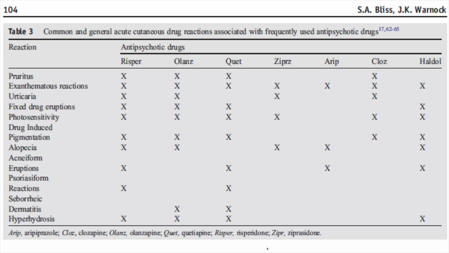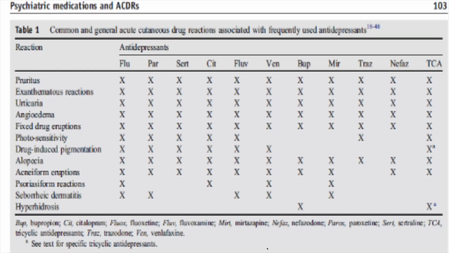Women at our hospital complain of hair loss, and we do our best to prevent this by decreasing the drug. Hyperhidrosis. And there's also a table like this for antidepressants. A lot of antidepressants share these side effects with antipsychotics and mood stabilizers as well.